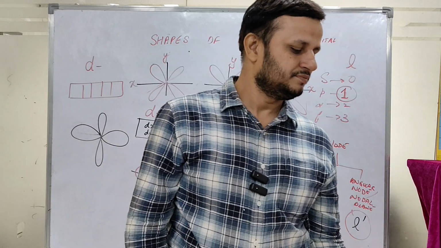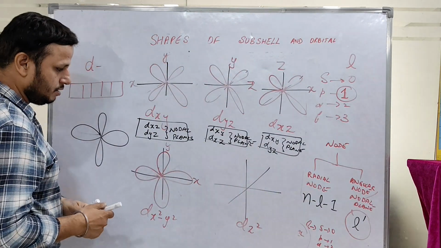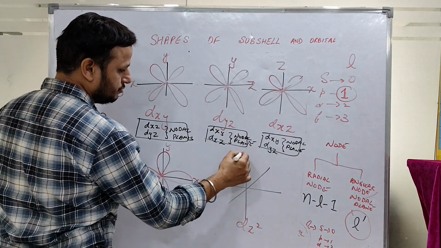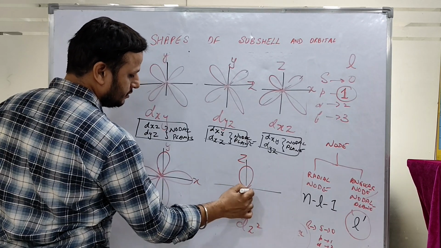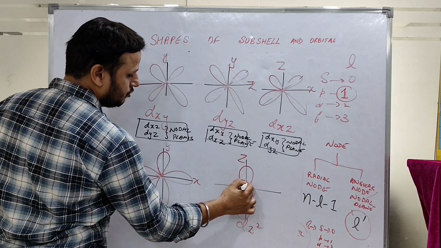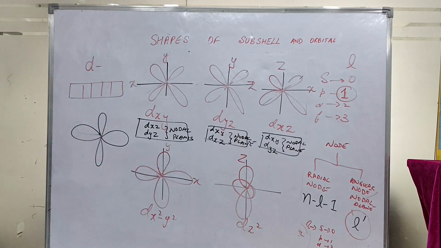In the books, for z square there is one lobe along the z axis and then the other in the form of a ring.